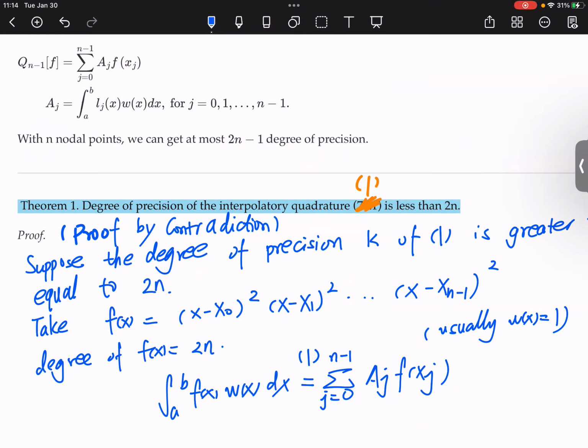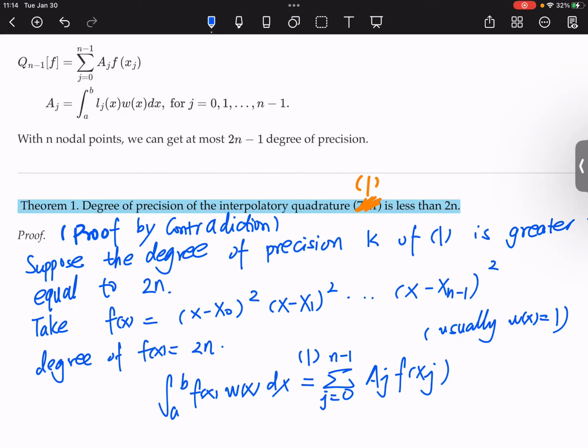What is f(xj) here? If you substitute xj into this function, what can we get? Starting from j equals 0, if we substitute x0 here, we get 0.